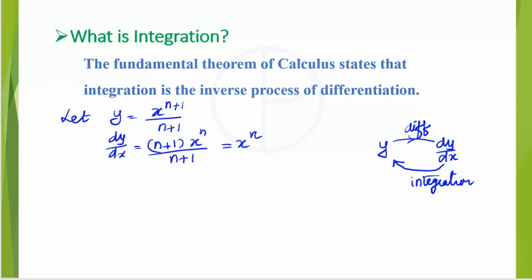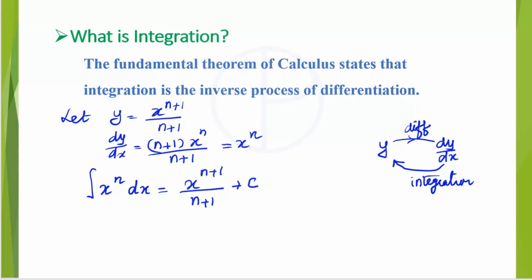So this can be written as: if you are integrating x^n with respect to x, you will get x^(n+1) divided by n+1 plus c, where c is an integration constant and n is not equal to negative 1.